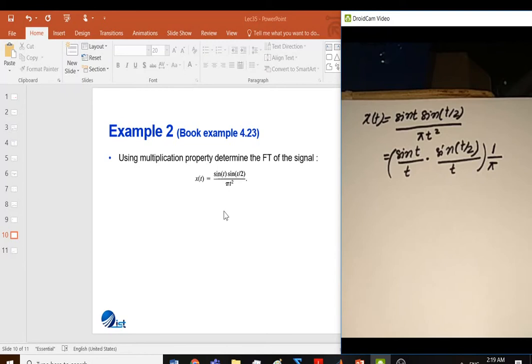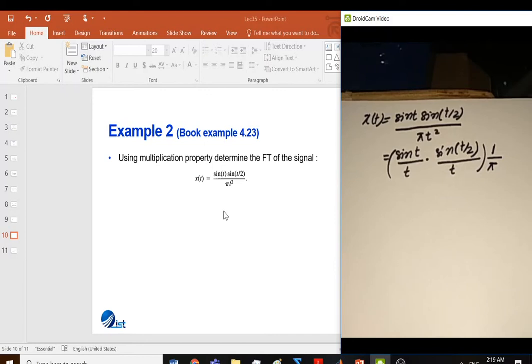In any way, sine of t by t or sine of x by x is a sinc. By normalizing it, the zero crossings are not a function of pi anymore, they are a function of numbers 1, 2, 3. So in any case, sine of t by t is a sinc, and sine of t by 2 over t is a sinc, because in both cases the argument is a function of t and is being divided by the same variable t.